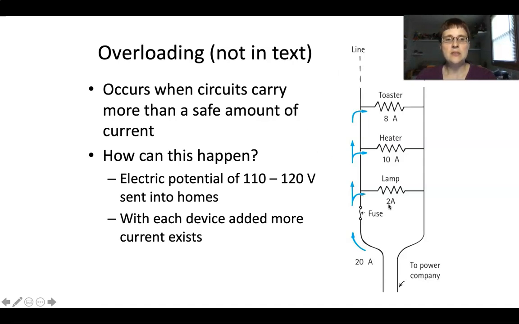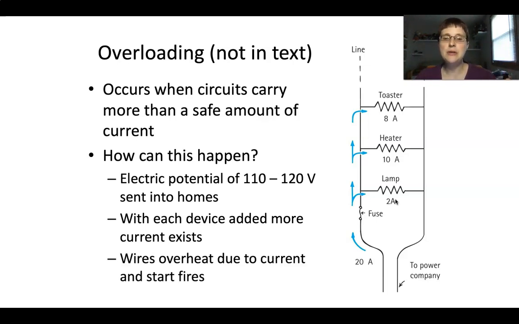And so you can see they've plugged in a lamp, a heater, and a toaster. All of these together equal 20 amps. Now, if you plug in one more item, let's say another lamp, which will bring us to 22 amps, that's going to be more than this wire can handle.